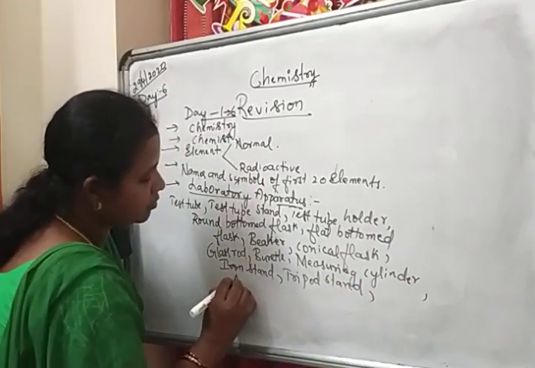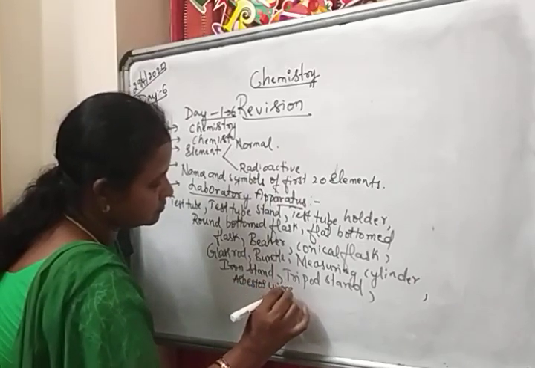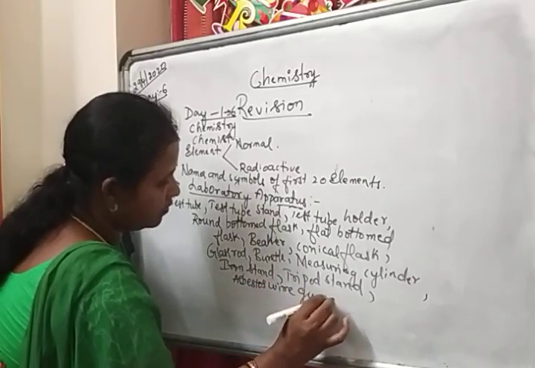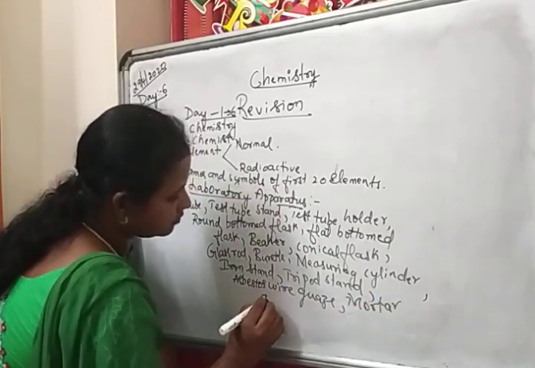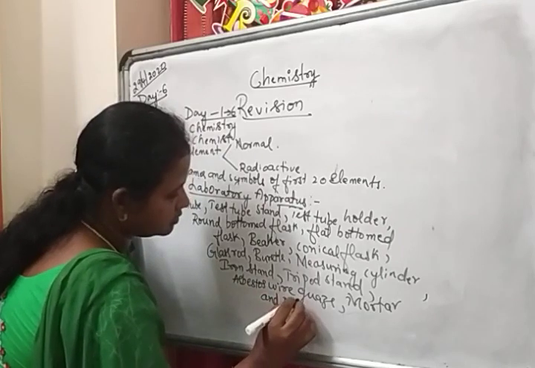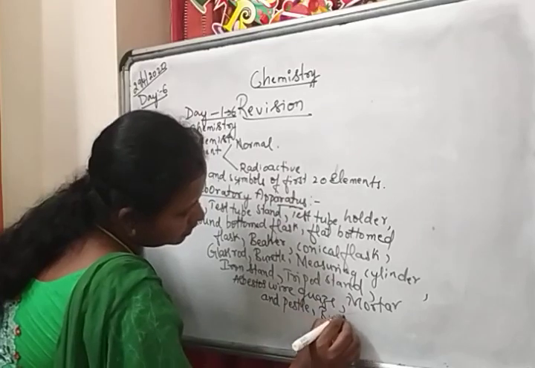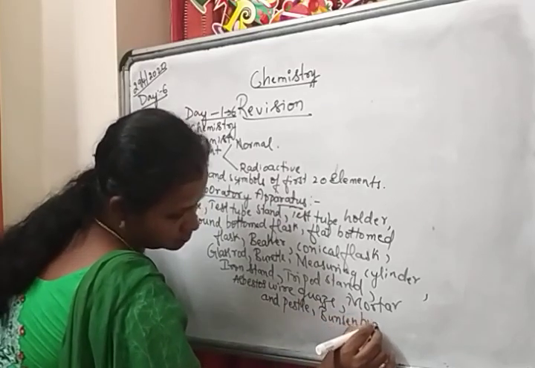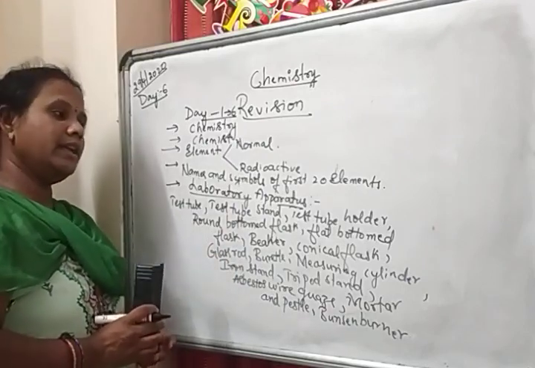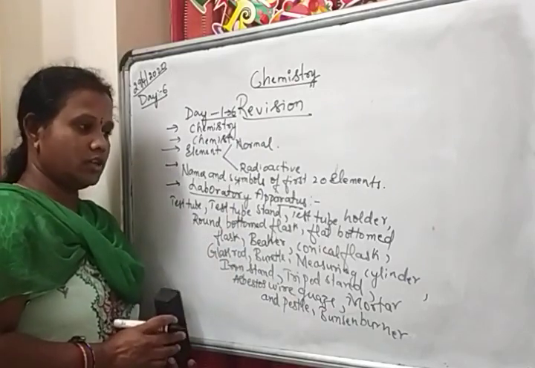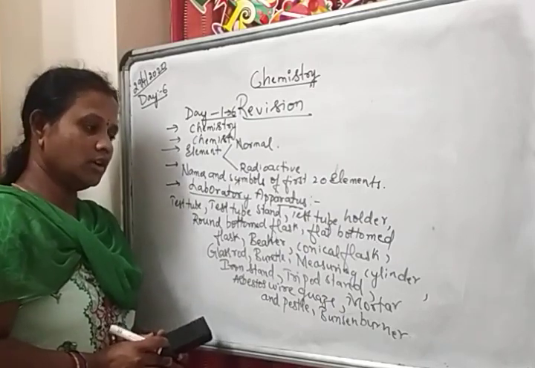Today we have learnt about asbestos wire gauze, and mortar and pestle. Next we have learnt about Bunsen burner. So these are all the laboratory apparatus we have learnt, children, their diagrams and also their uses.